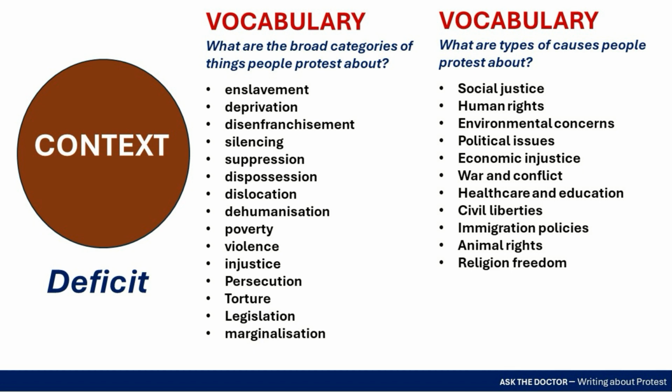People may protest against infringements on civil liberties, including surveillance, censorship, and infringements on privacy rights. Animal rights. Animal rights activists protest against animal cruelty, exploitation in industries such as factory farming and animal testing, and advocate for animal welfare laws.